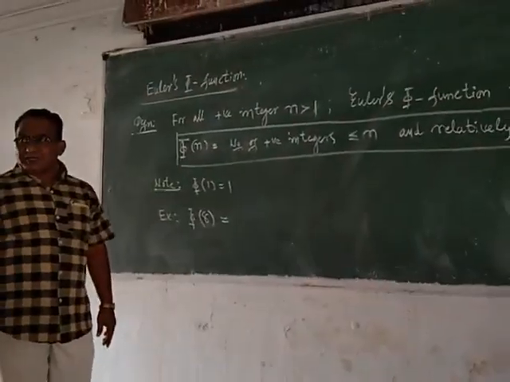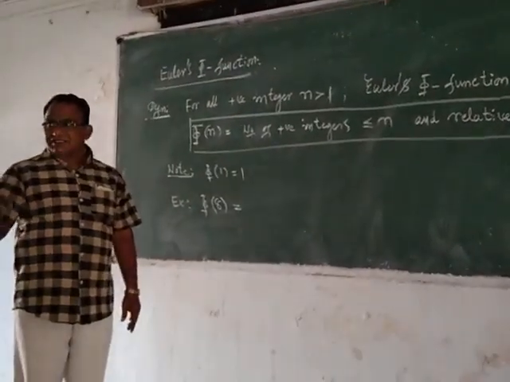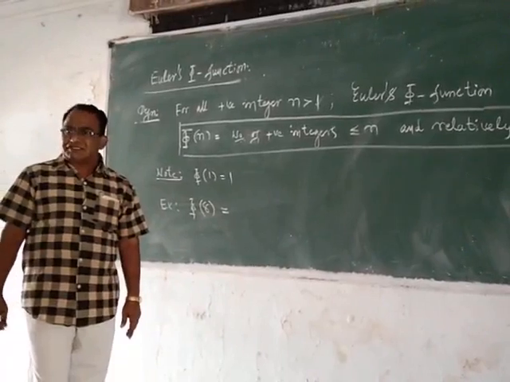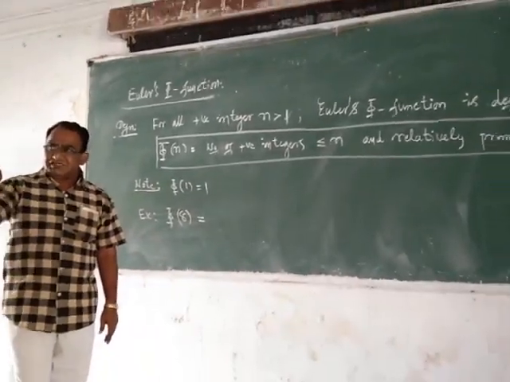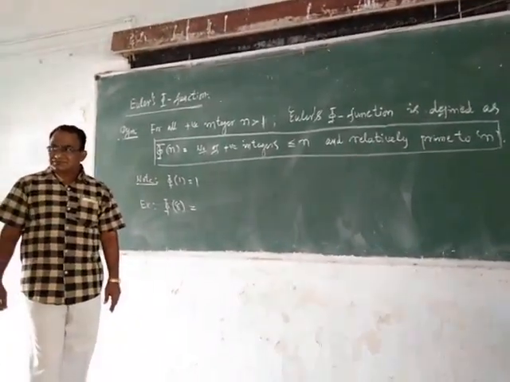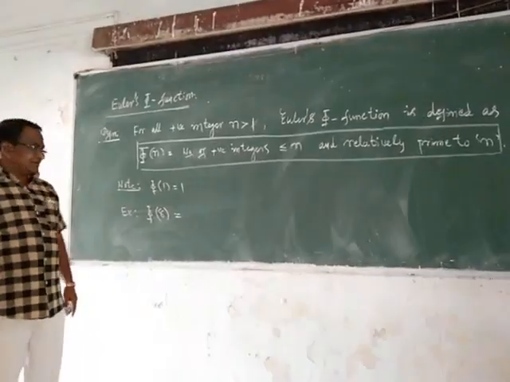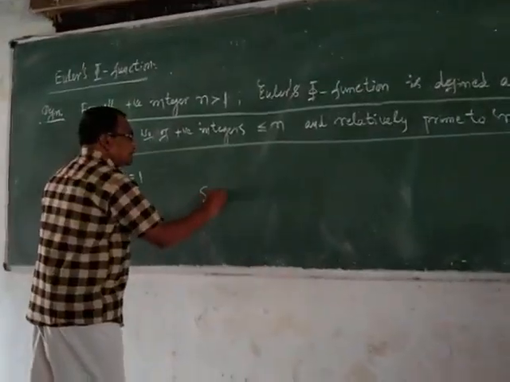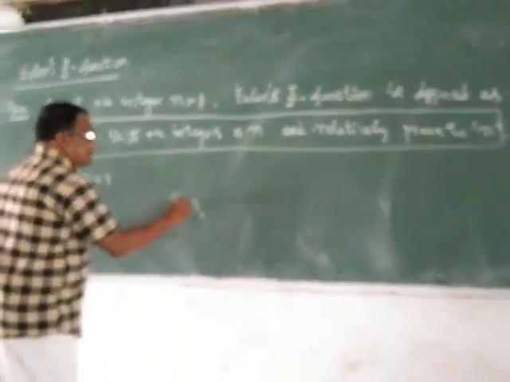Relatively prime or co-prime means the greatest common divisor, GCD, between them is equal to 1. What about 1, 8?